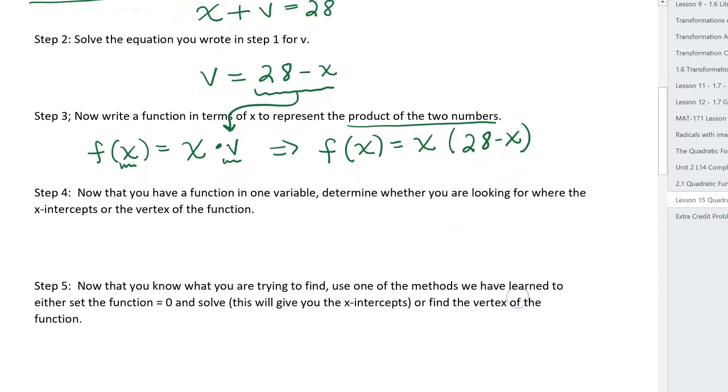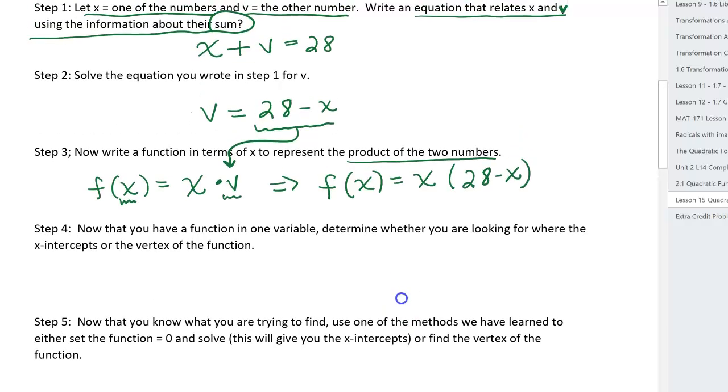Now in step 4, we have a function with one variable being x, and we want to determine whether we are looking for where the x-intercepts are or where the vertex of the function is. Now if we're asked to maximize the product, the term maximize is an indication that we are looking for the vertex.